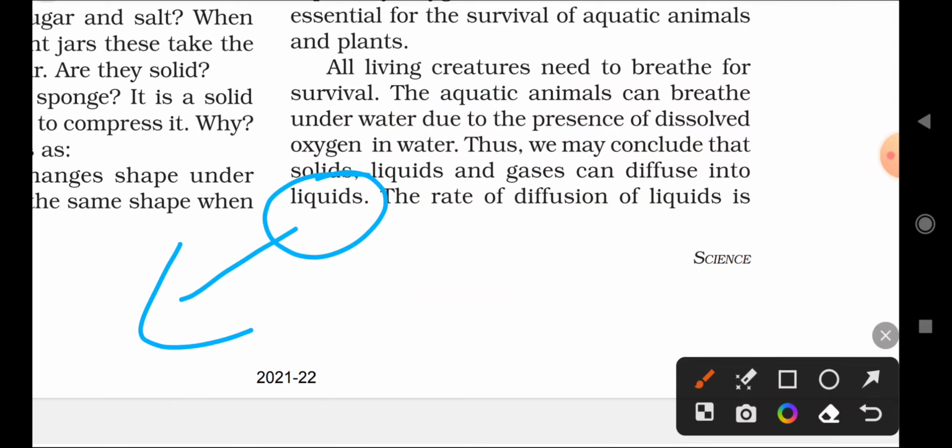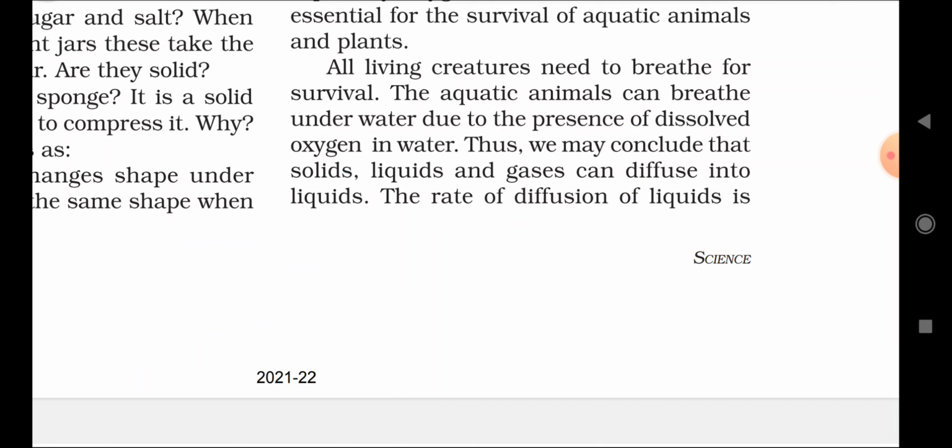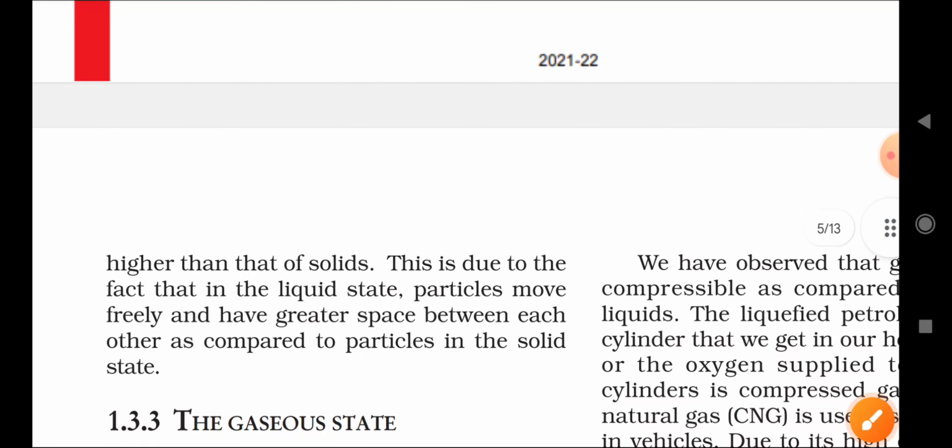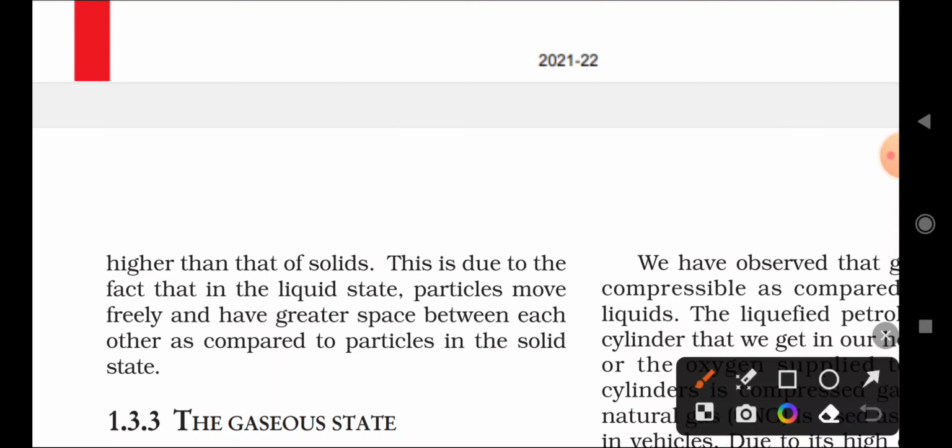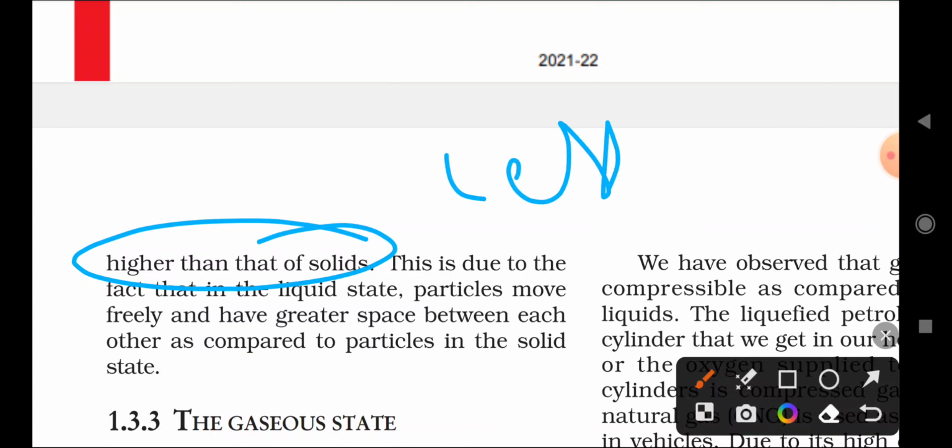The rate of diffusion of liquid is higher than that of solid. That means liquid has a higher diffusion rate, and solid has a lower diffusion rate compared to liquid.